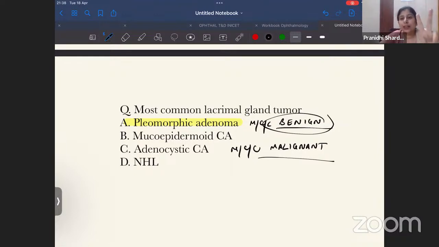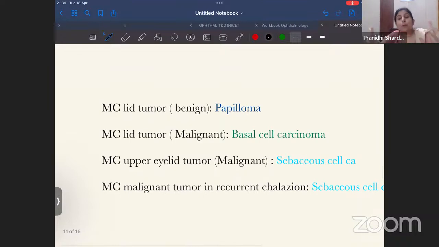So we get 2 one-liners: most common benign lacrimal tumor, pleomorphic adenoma. Most common malignant lacrimal gland tumor, adenoid cystic carcinoma. Other one-liners: most common lid tumor, benign papilloma. Most common malignant lid tumor is basal cell carcinoma, or with the name of rodent ulcer.